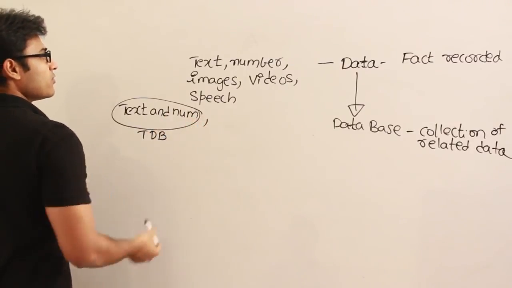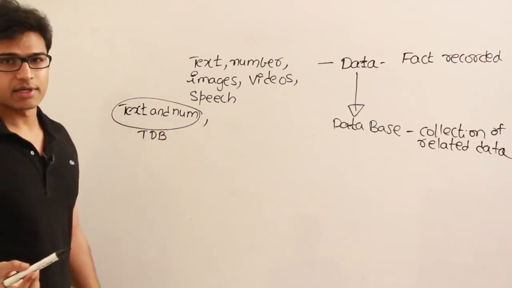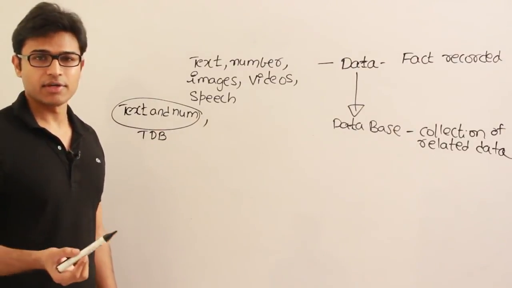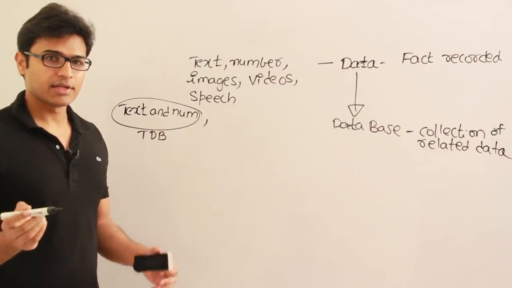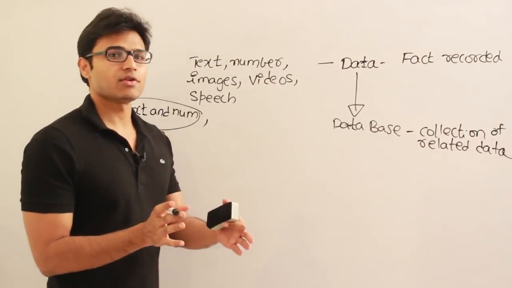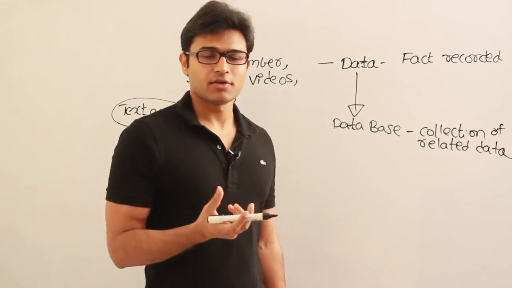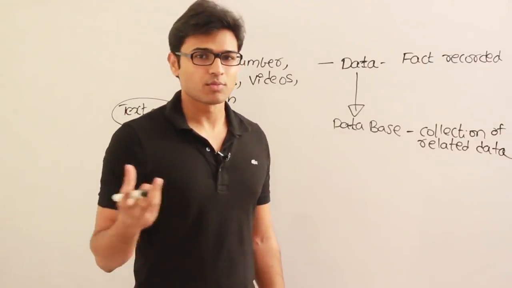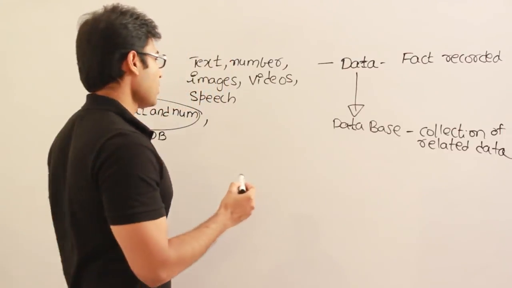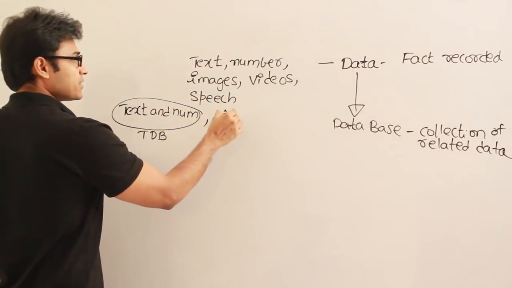And recently, with videos being uploaded and downloaded at a very frequent pace, a database of videos has been created. They might even contain a database of speech, or songs or movies, anything like that, and that is called a multimedia database.